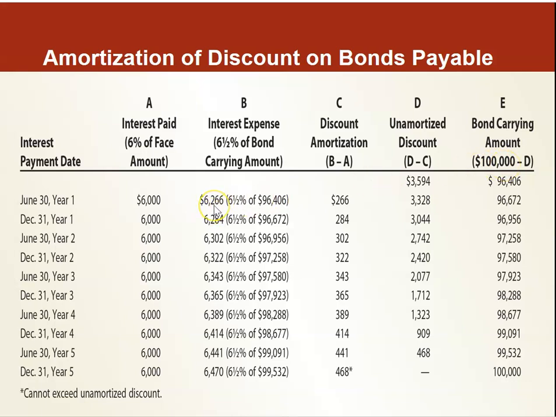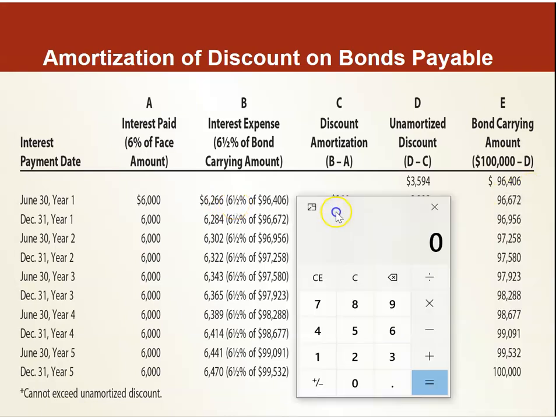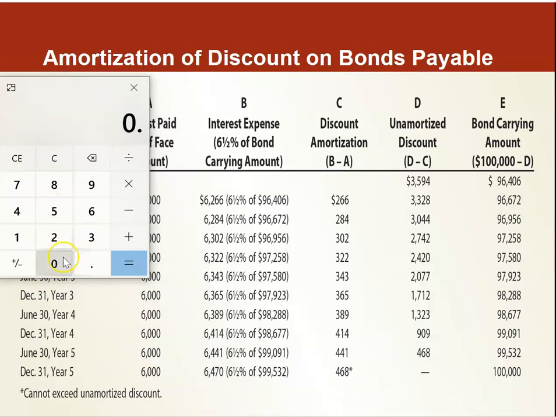What we want to do is take 6.5% or 0.065 times the current carrying amount, which started off at $96,406, and that equals $6,266, and they've rounded down.